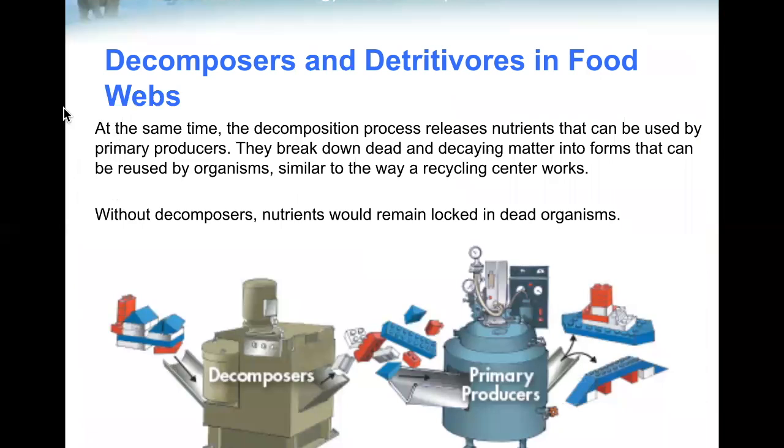Decomposers and detritivores in food webs are like taking apart a Lego set. If this one dies, it's not useful anymore. It'll take it into parts. All these parts could then be used by the primary producers. They'll remake them into different useful items.